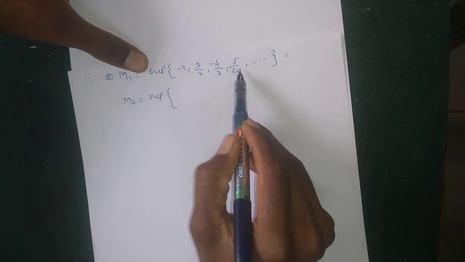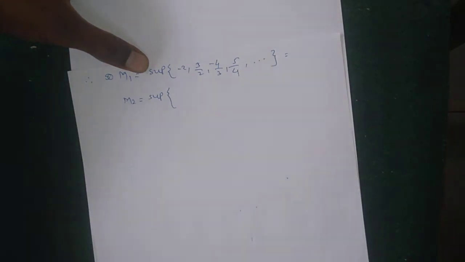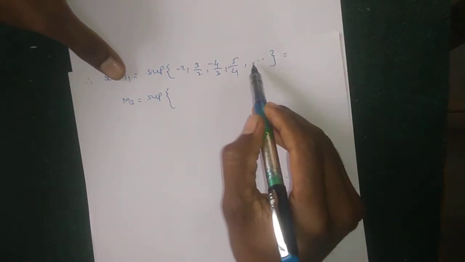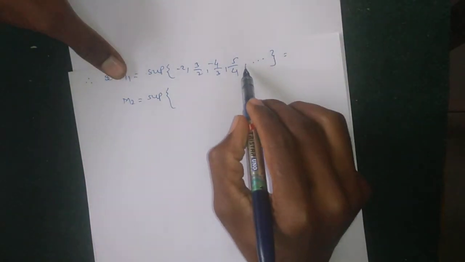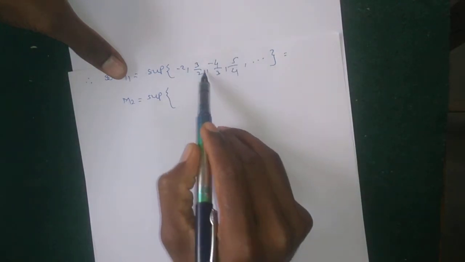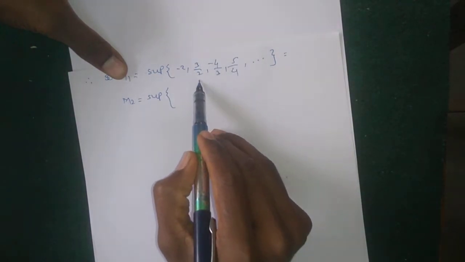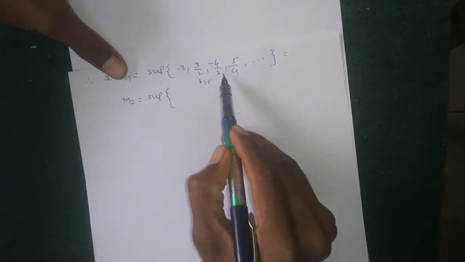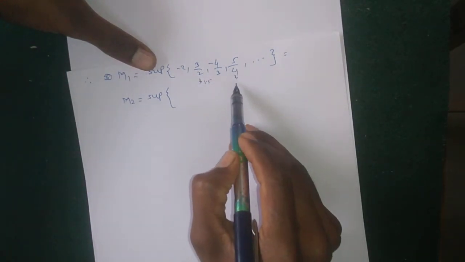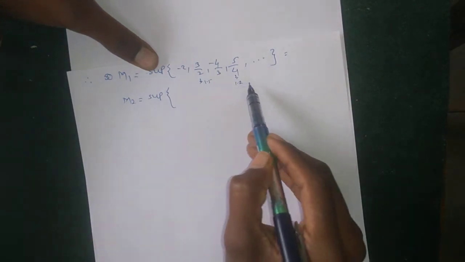Then their value 5 by 4 has value 1.2 something. Okay, means all of these values are less than 3 by 2. Their value is 1.5.